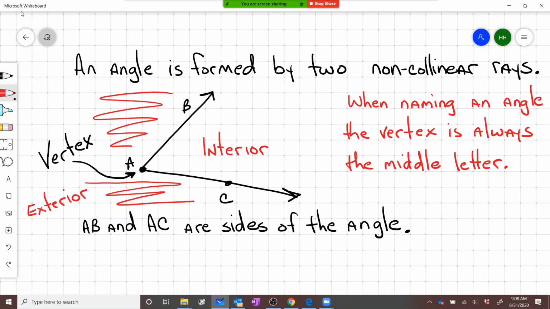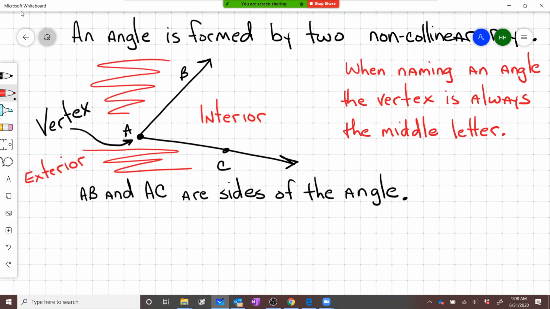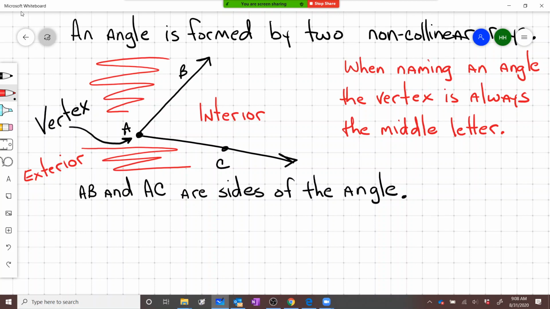Now, when you've got just one angle, there's only one angle in this picture, isn't there? So you can name this angle two ways. Since there's only one angle in here, you can name this angle A. If you're going to name it that way, you only use one letter, the vertex. When we're talking about angle A here, we know that we're talking about this angle right here.